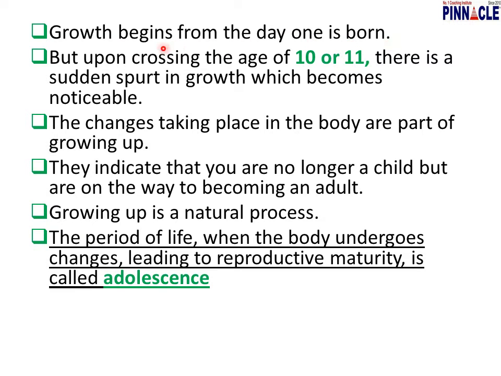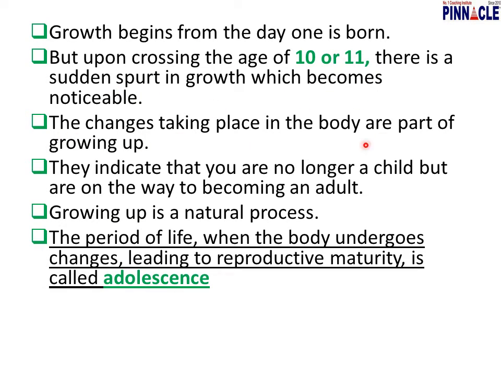From the day the child is born, growth will start, but after crossing 10 to 11 years, there is a sudden spurt in growth which becomes noticeable. We generally see various parts of the body appearing suddenly in a child after 10 or 11 years.